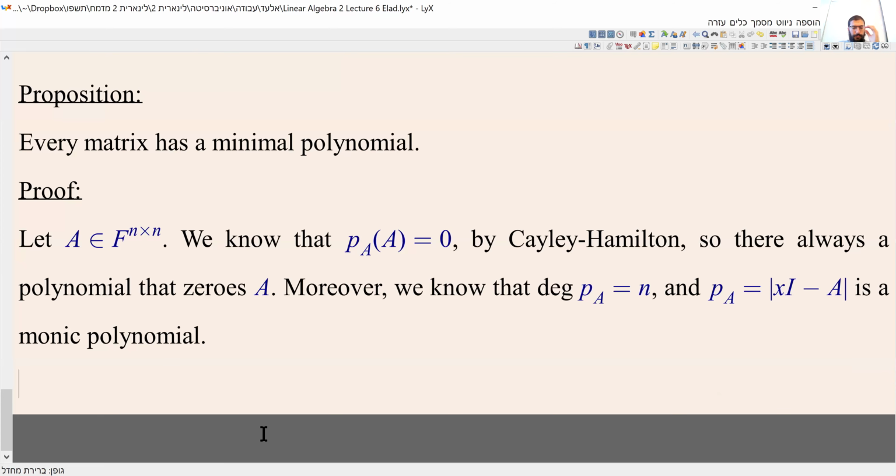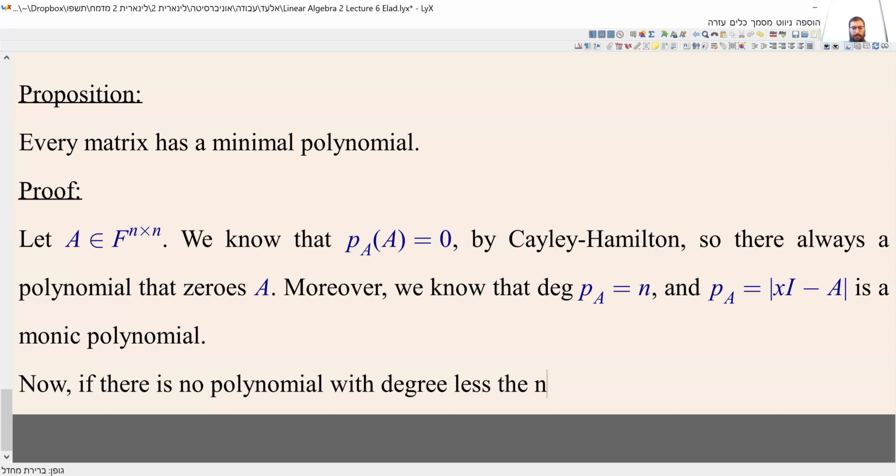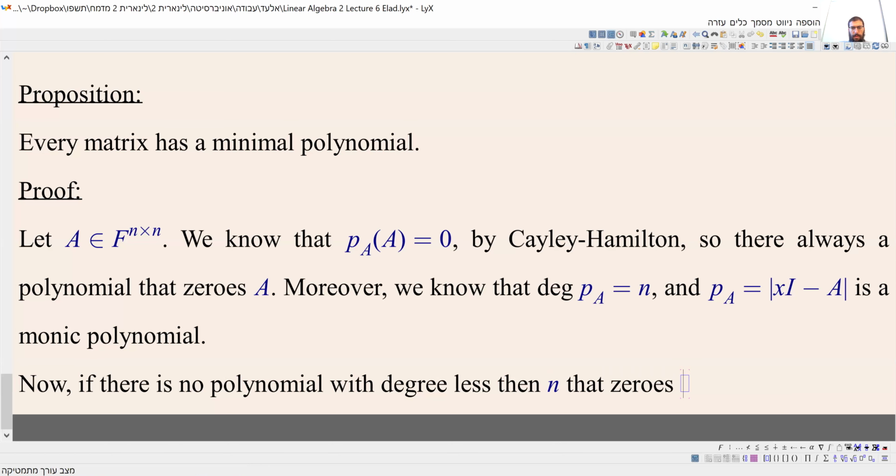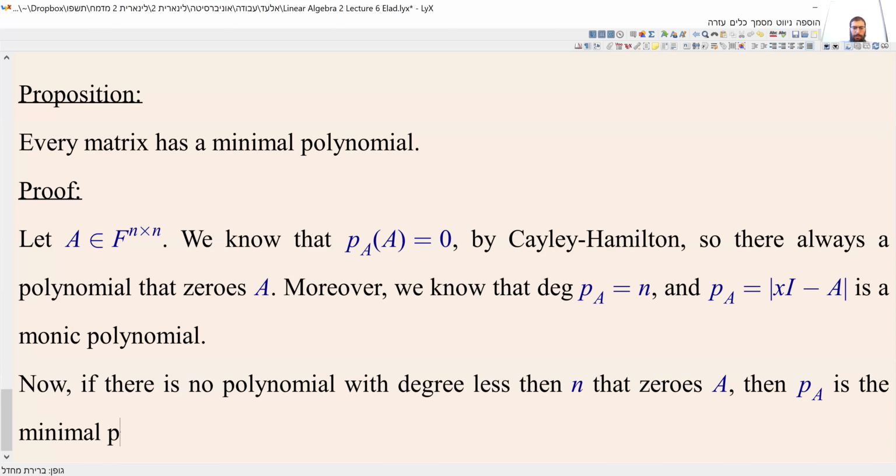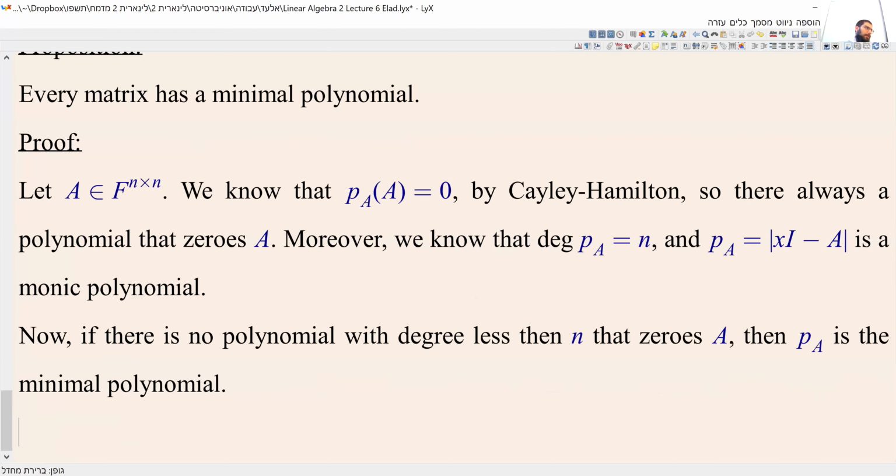And now, if there is no polynomial with degree less than n that zeros A, then PA is the minimal polynomial. There's no one with a smaller degree.